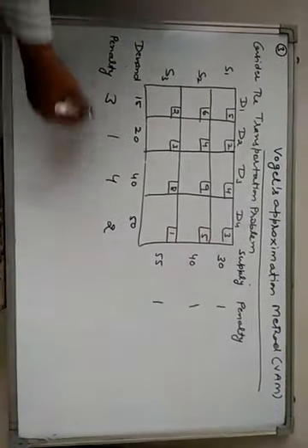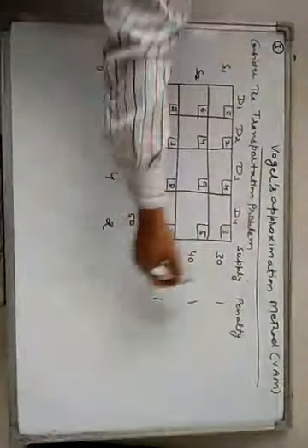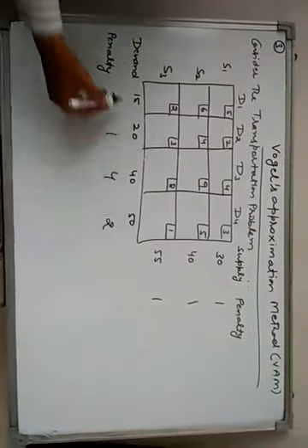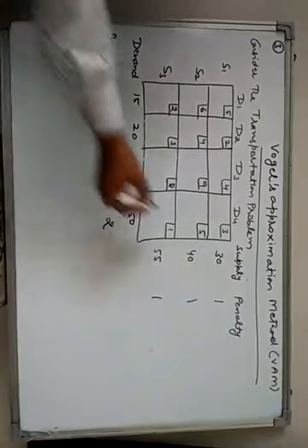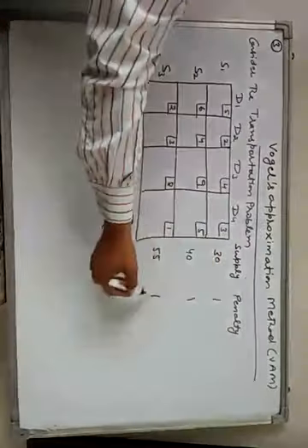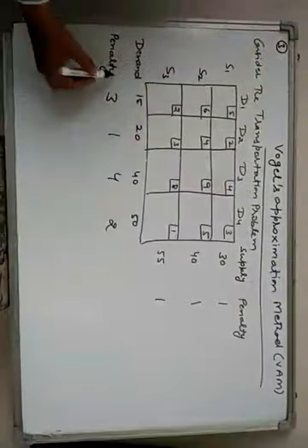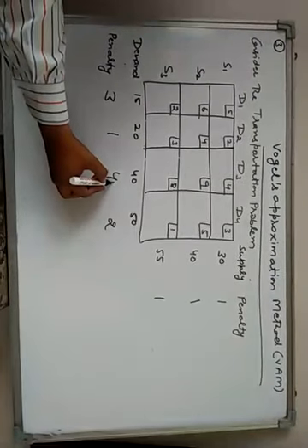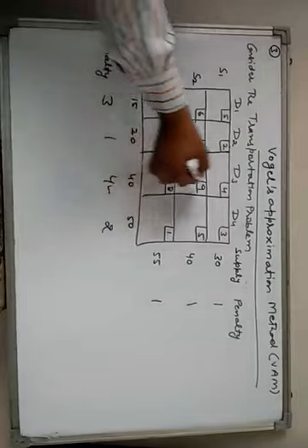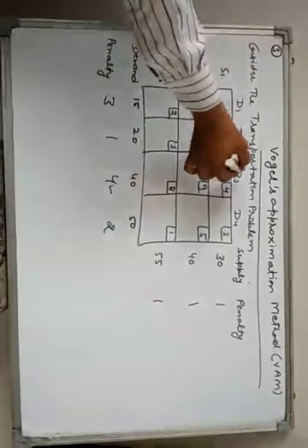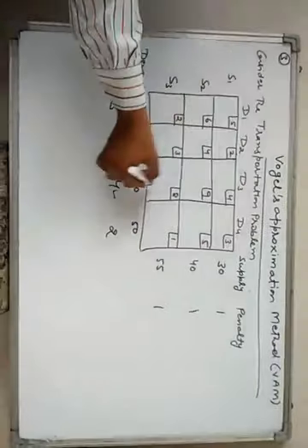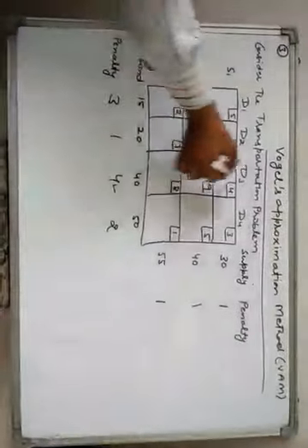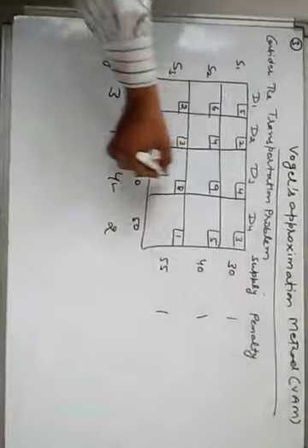After calculating the penalties row wise and column wise, we will take the highest penalty. The highest penalty from row wise and column wise penalties is 4. We will select this column. From this column we will select the cell where the smallest cost occurs.